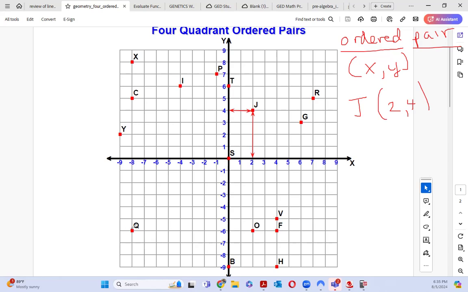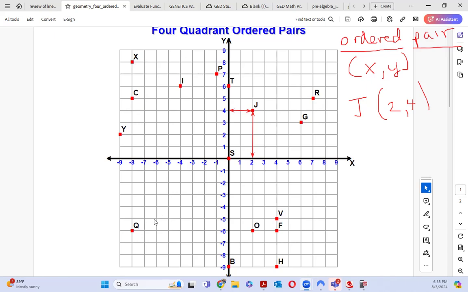How about Q? Somebody tell me what's the ordered pair for Q? I can't see you, so I can't even say this person tried, because I can't see anybody. Whoever's here, what would be the ordered pair for Q?